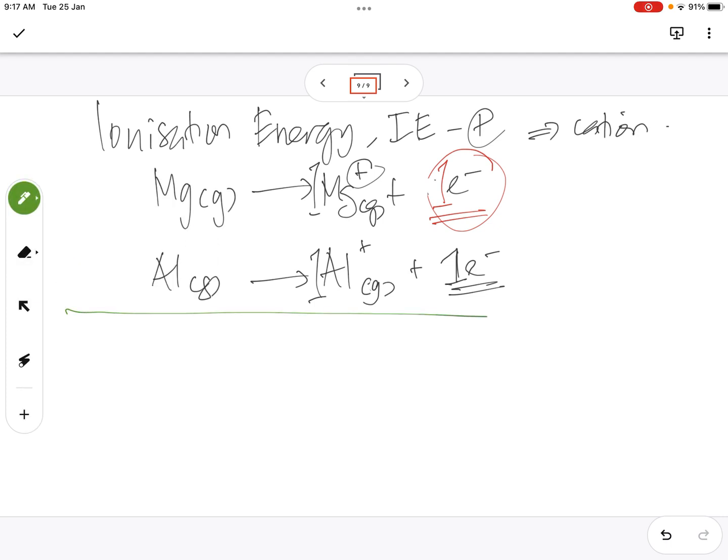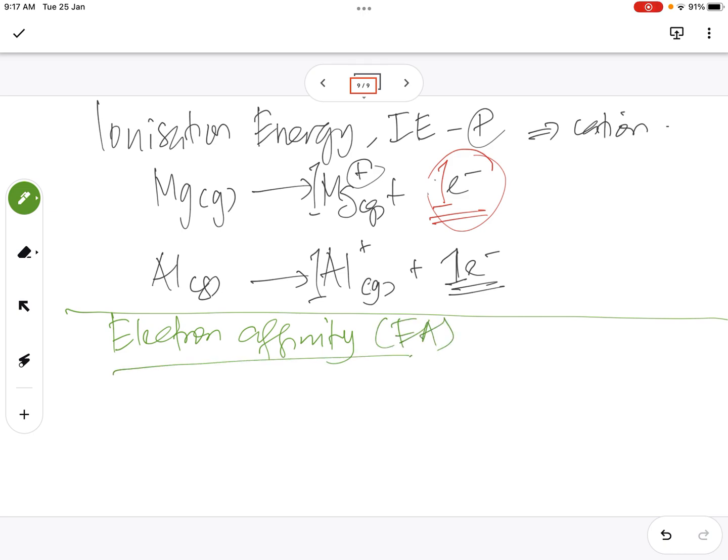The next one is called electron affinity. Electron affinity is the heat change when 1 mole of gaseous atom gains 1 mole of electron to form 1 mole of gaseous ion.